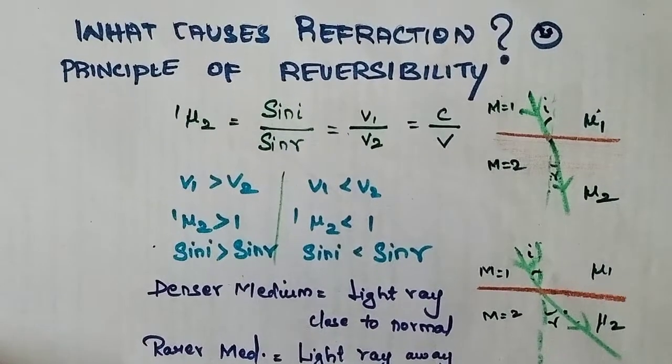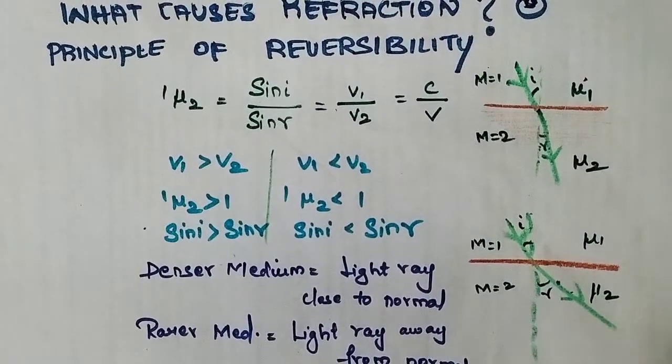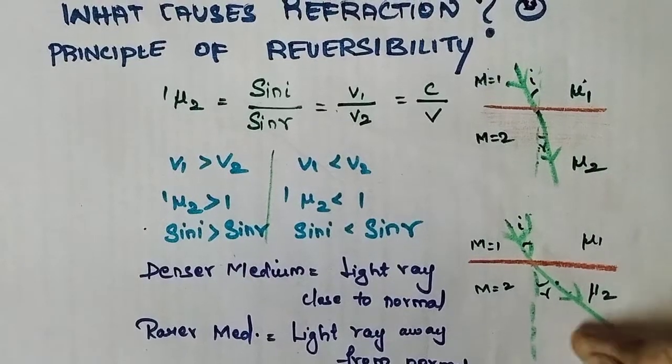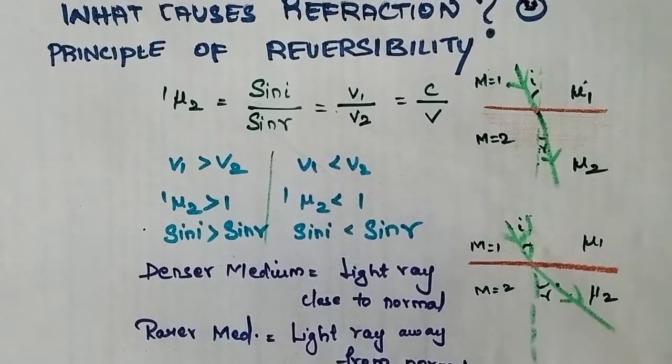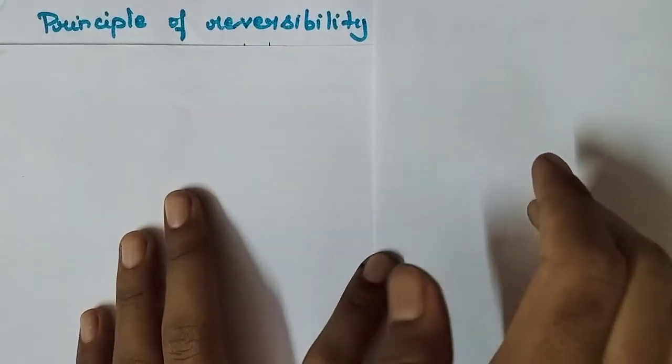So this is why the refraction takes place. Clear, children? Because it totally depends on the particle nature of the medium as well as the speed of the ray that comes in. Then the principle of reversibility we have to see. Clear? Yeah. Now we are going to see the principle of reversibility.